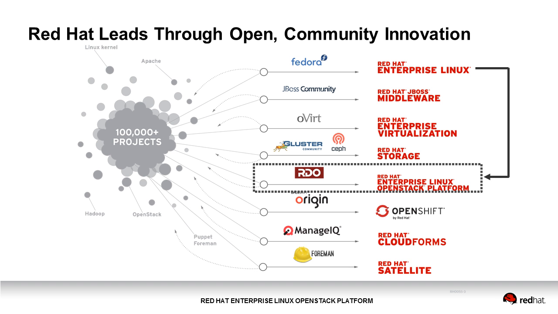Last slide, I like to kind of show how Red Hat works. You've got upstream craziness, 100,000 projects up there, people writing code on their own, for companies and in their parents' basements. We take that, we push it through projects that kind of solidify and wrap a little bit of normalcy around that. That's that middle tier with Fedora for upstream Linux, RDO, and Enterprise Linux OpenStack Platform.